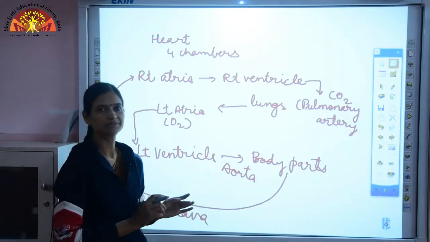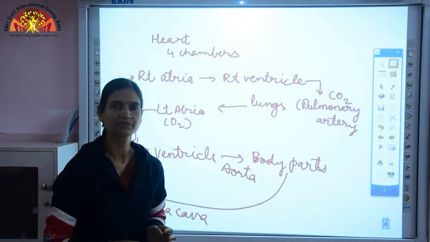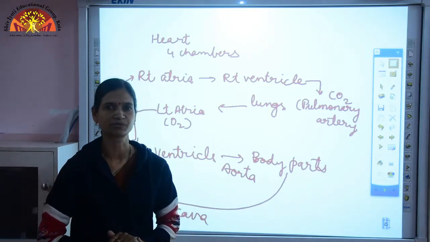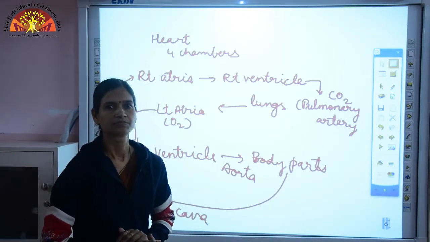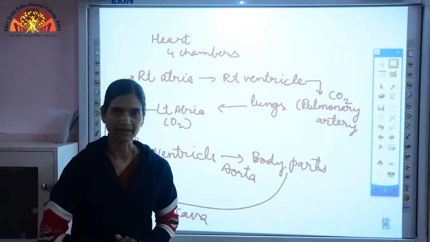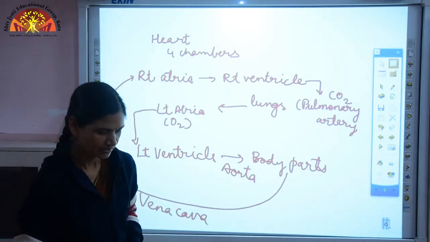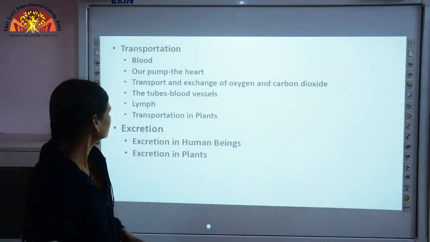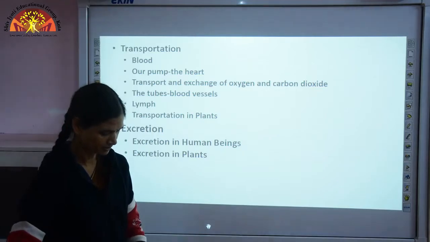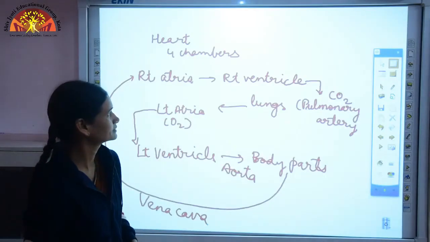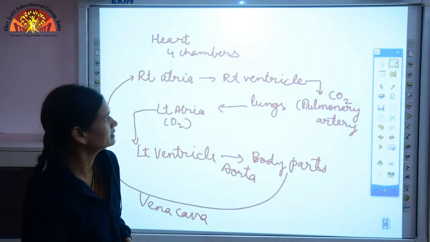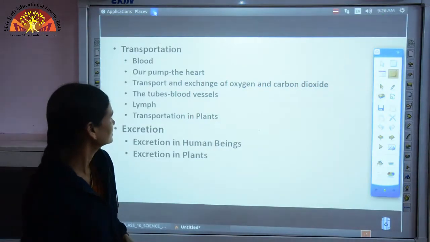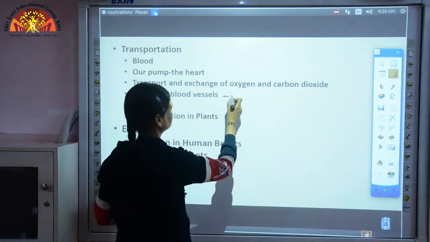So this helps in the production of more energy because a sufficient supply of oxygen is provided, which is required by the organisms. Now there are different blood vessels present in our body. Blood vessels include arteries, veins and capillaries.